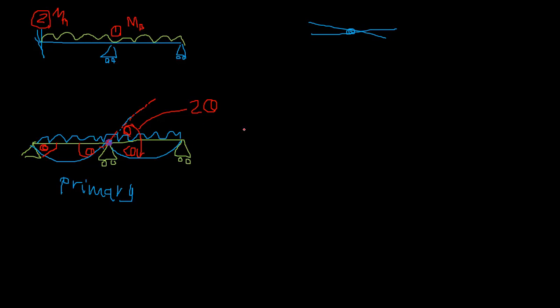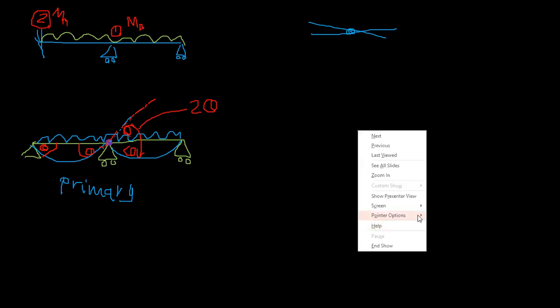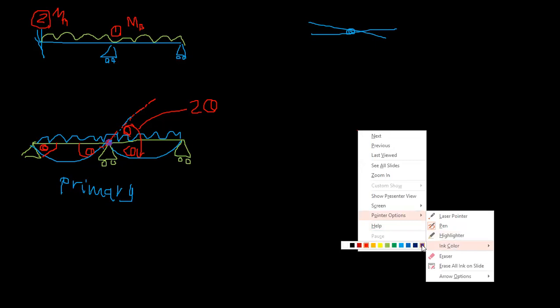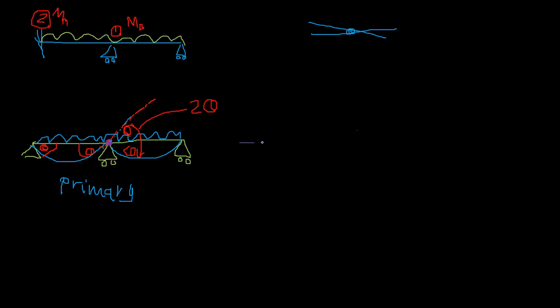So what we are going to do is, we removed the bending moment. Actually we make it 0, but now we are going to give it again. But how? We are going to give a unit moment, right? We are going to give a unit bending moment. Right.